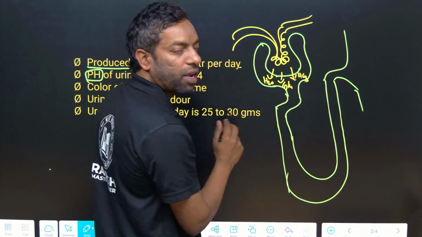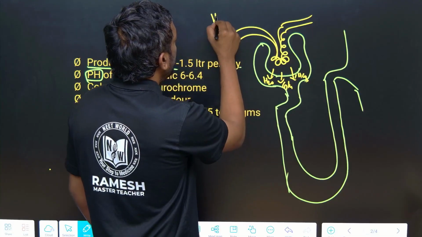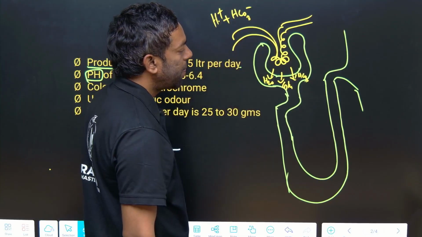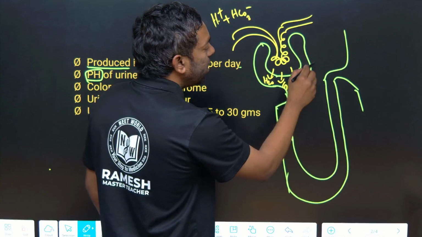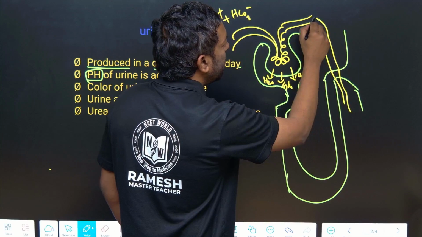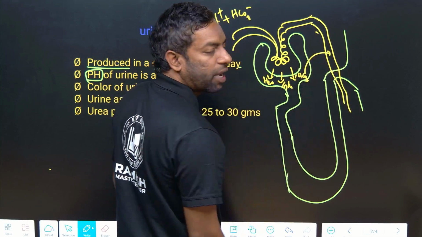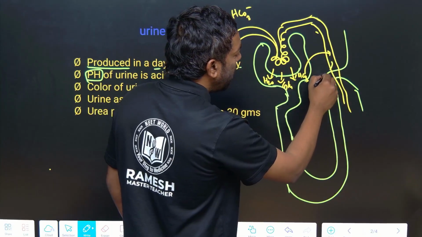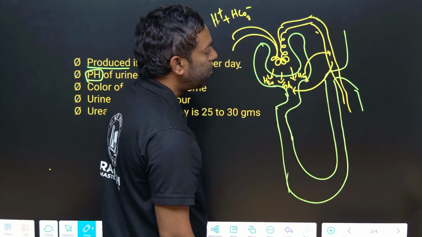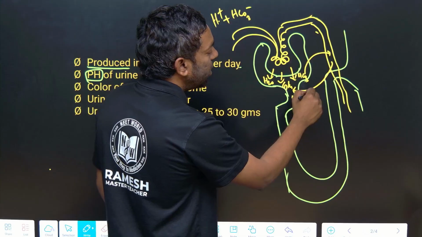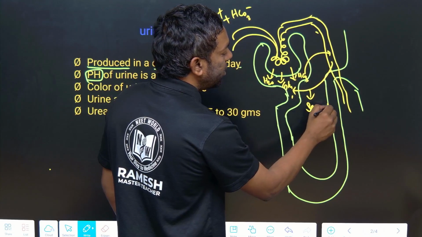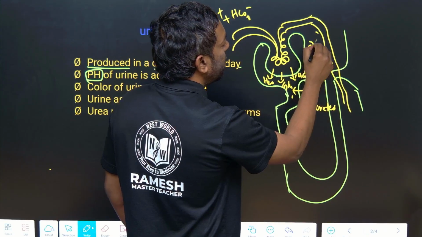These bicarbonates split as H plus and HCO3 minus. The bicarbonate is absorbed into the capillary. At the same time, hydrogen is secreted from the capillary into the lumen of the nephron.